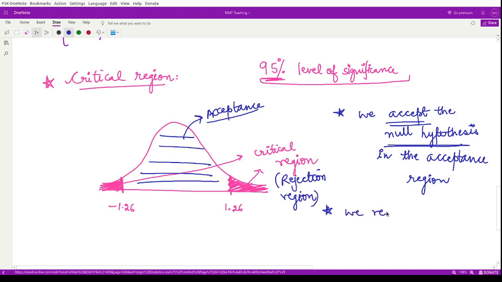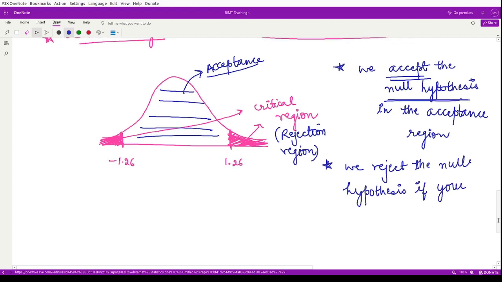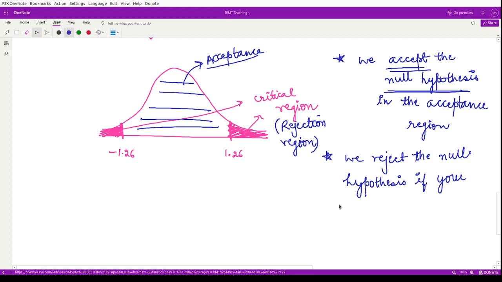We reject the null hypothesis if your calculated value, which we calculate from the test statistics, lies in the rejection region. Correct? So this is the thing.